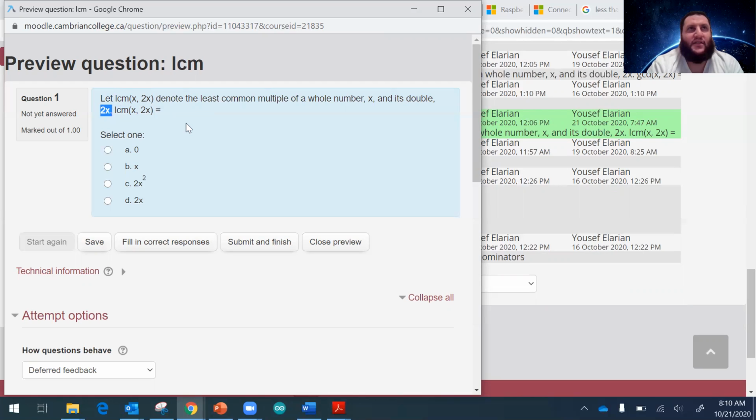The first multiple of 2x is 2x itself, and then you go for 4x, 6x, 8x, etc. And again, the least common multiple of these two would be 2x itself, because 2x for sure is a multiple of x.